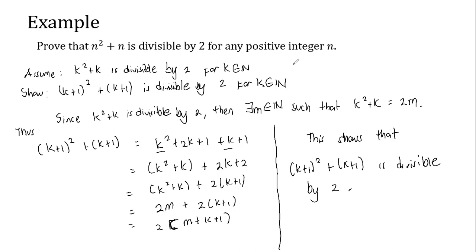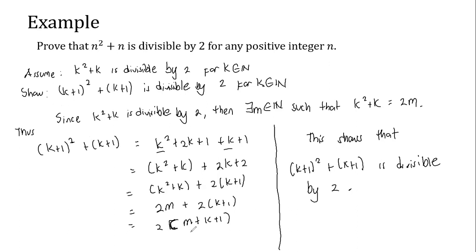Okay? And by the way, additional, ano ba ibig sabihin natin kapag divisible? Okay? Ibig sabihin kasi niya, kapag dinivide daw natin ito sa 2, wala dapat siyang remainder. Okay? So, kagaya ng pinakita natin dito, yung k plus 1 quantity square plus k plus 1 equal daw kay 2 times quantity m plus k plus 1.